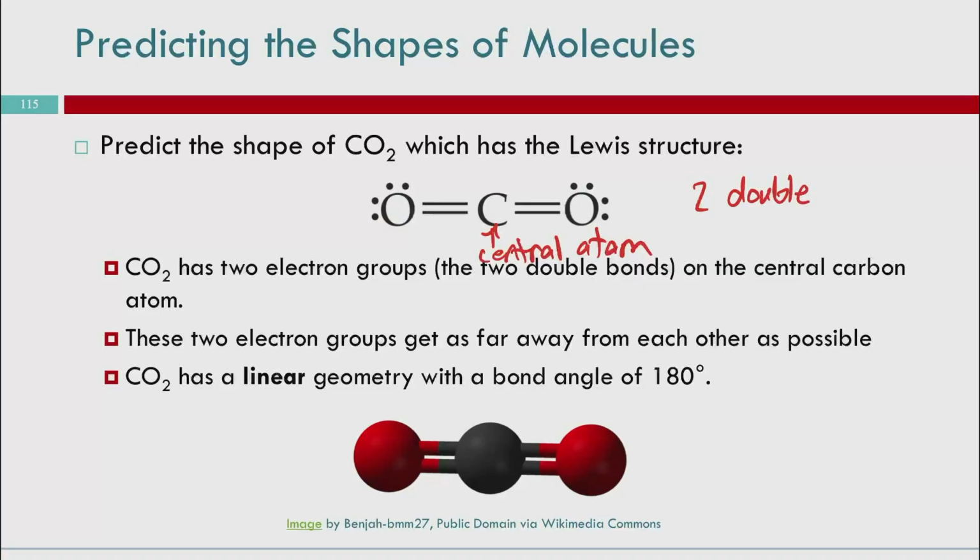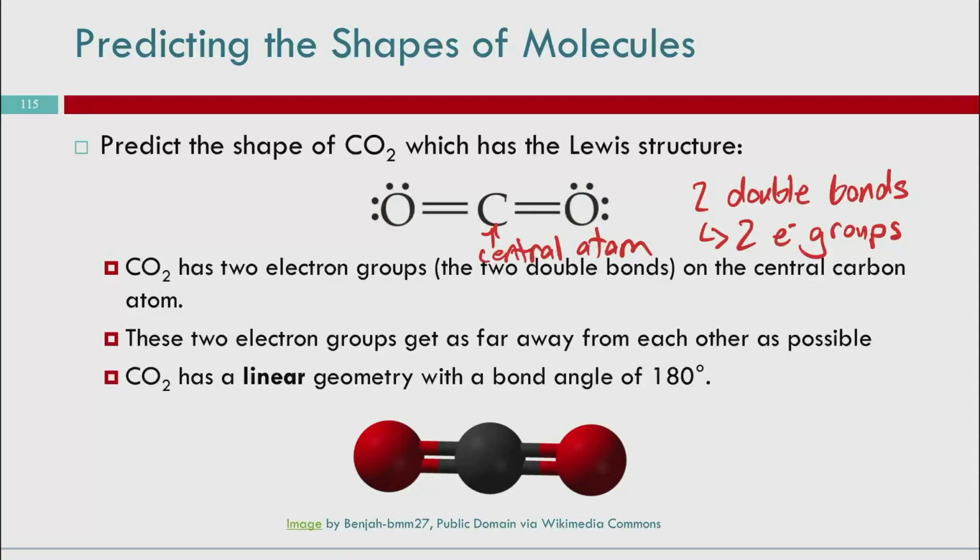There are no lone pairs, there aren't any single bonds, there aren't any triple bonds. So that's 2 electron groups. They're all connected, right? The carbon's connected to the oxygens. The furthest that those 2 electron groups can get away from each other is complete opposite sides from each other.